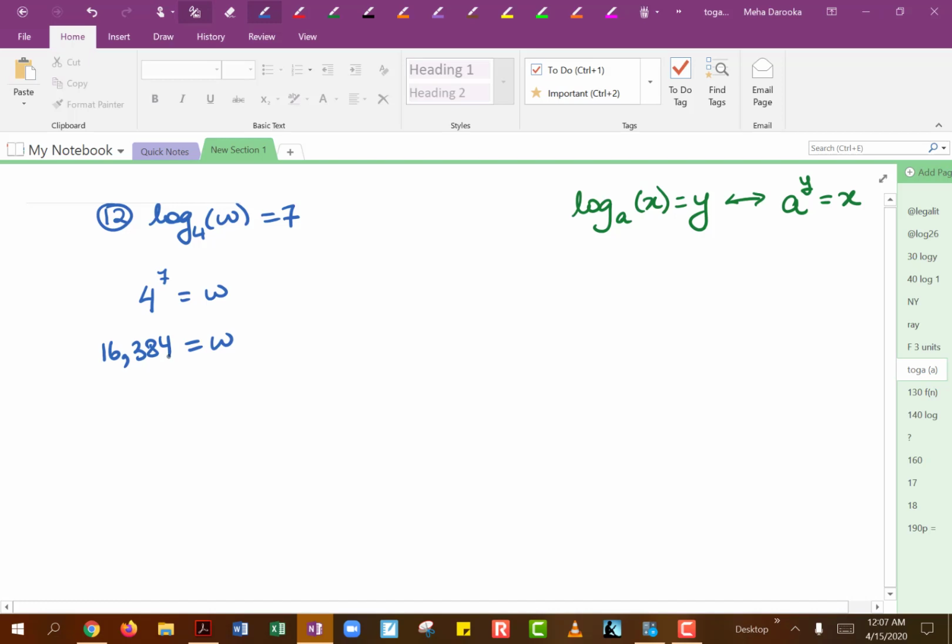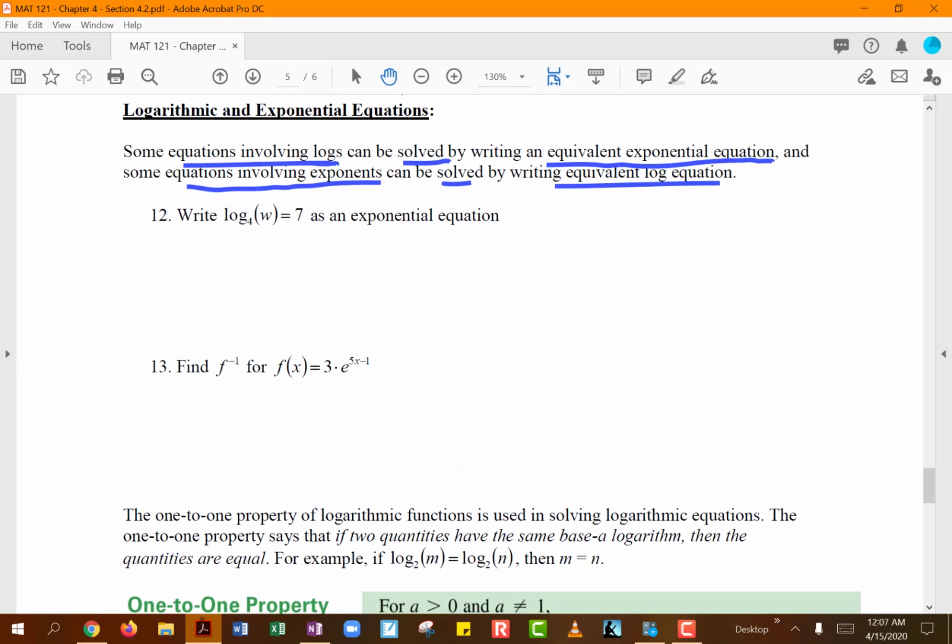Now let's look at number 13 here. They're asking us to find the inverse for this function f of x equals 3 times e raised to the power of 5x minus 1. So let's go ahead and take a look at this example over here.